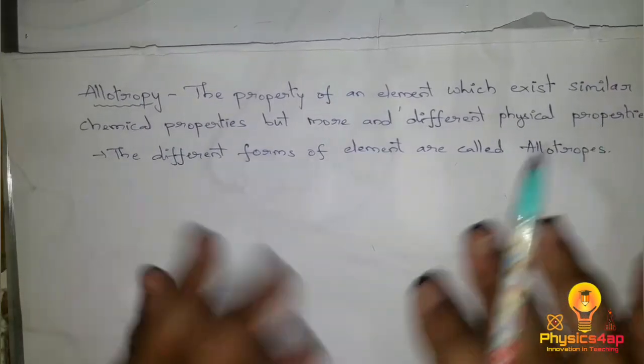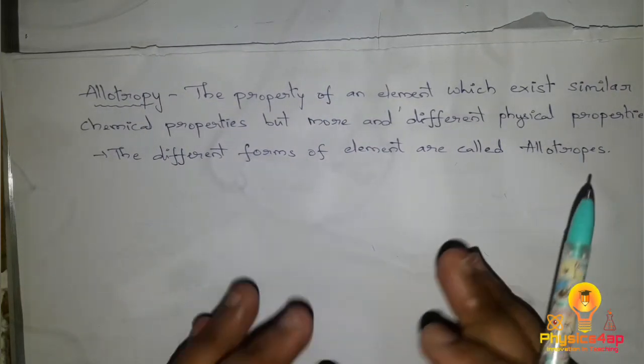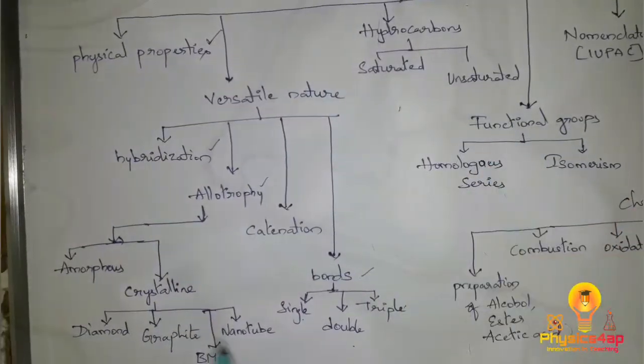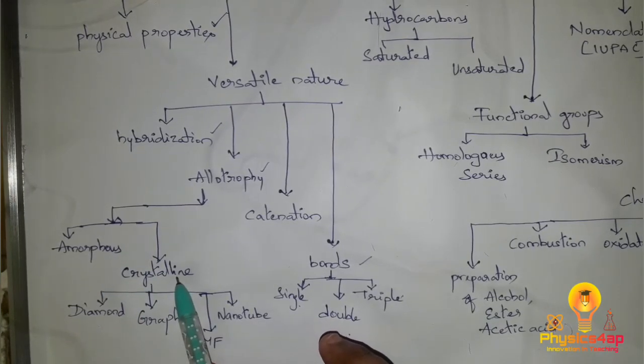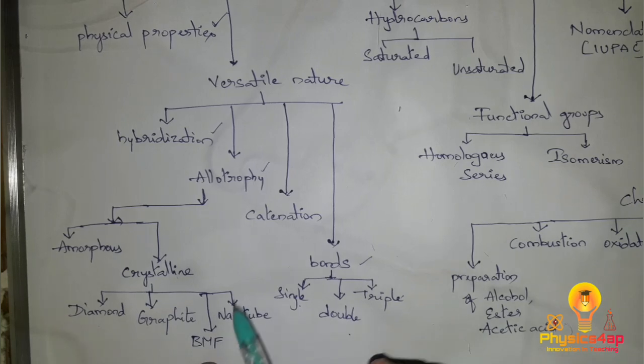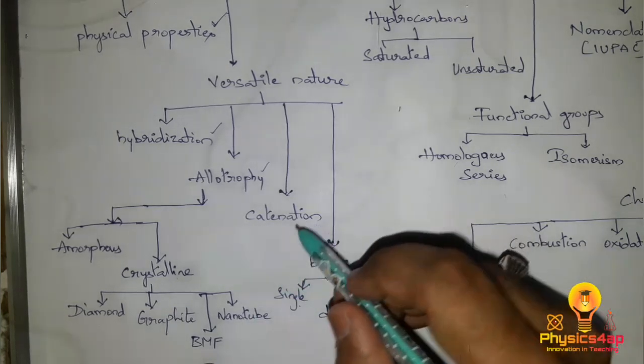Now let us see some examples of allotropes. As we have discussed in a flow chart, the allotropes of carbon are divided into amorphous and crystalline, and in crystalline we have diamond, graphite, buckminsterfullerene, and nanotubes, which we'll discuss now.